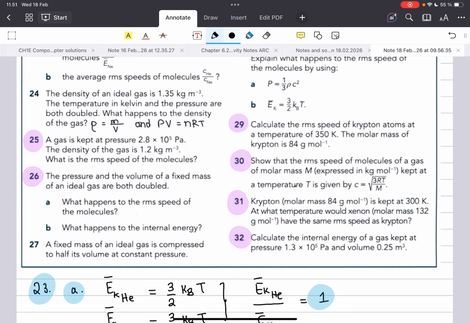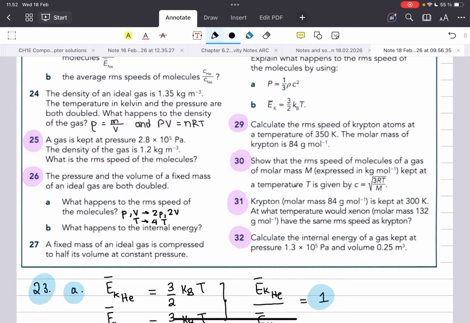So in PV equals nRT, you double both the pressure and the volume, so you get 2 here and 2 there, and the temperature on the other side will become 4 times more. If pressure and volume become 2 pressures and 2 volumes, then the temperature will become 4 times the old temperature.